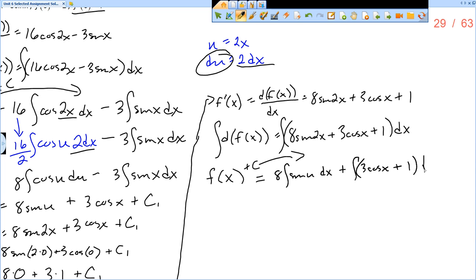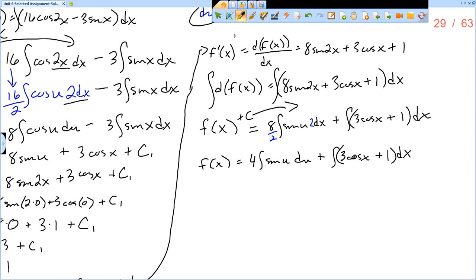Now, I'm going to leave that as a single integral, because we're not using u substitution there. So just like earlier, I'm going to put a 2 with the dx and a divided by 2 on the outside of only that integral. And so now I have f of x equals 4 times the integral of the sine of u du plus the integral of 3 cosine x plus 1. And remember, this is still with respect to x.